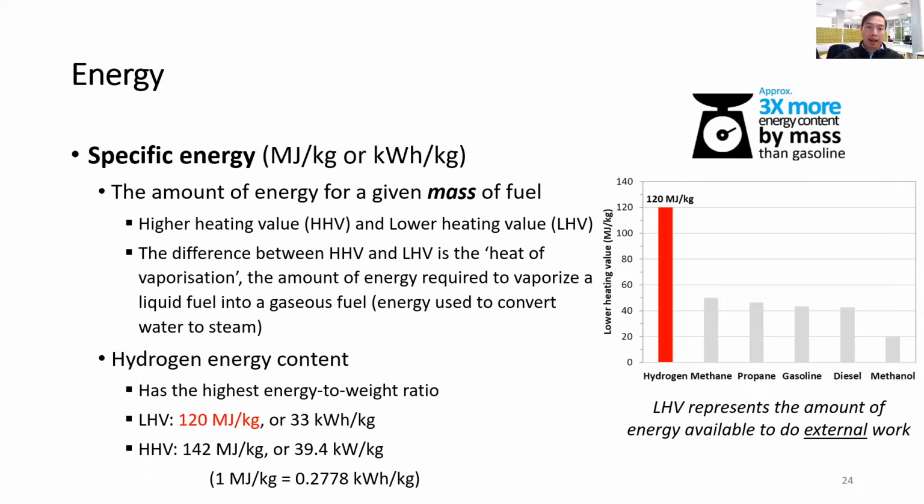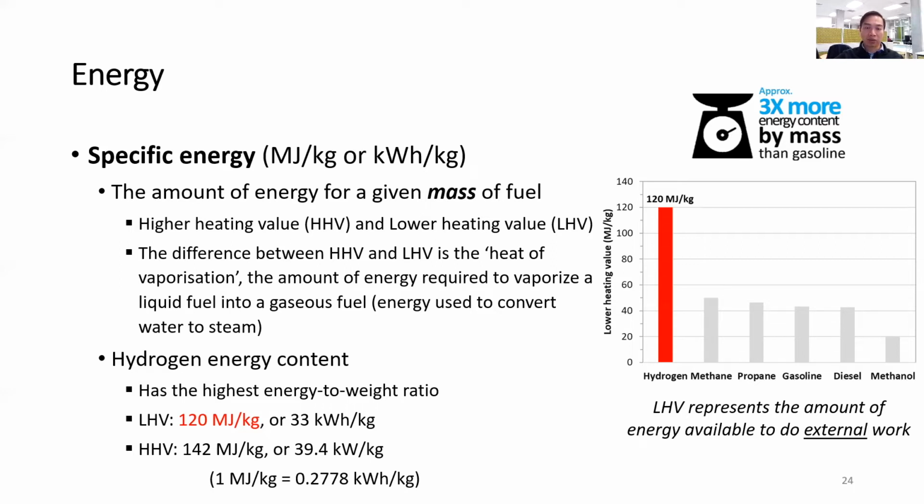So the lower heating value of hydrogen is 120 megajoule per kilogram. Now, you don't even need to know the exact lower heating value of other conventional fuels, but you can see that compared to other fuels like methanol, propane, which we use for our barbecue, gasoline, which runs our car, or even diesel, the lower heating value of hydrogen is about 3 times higher than other fuels.